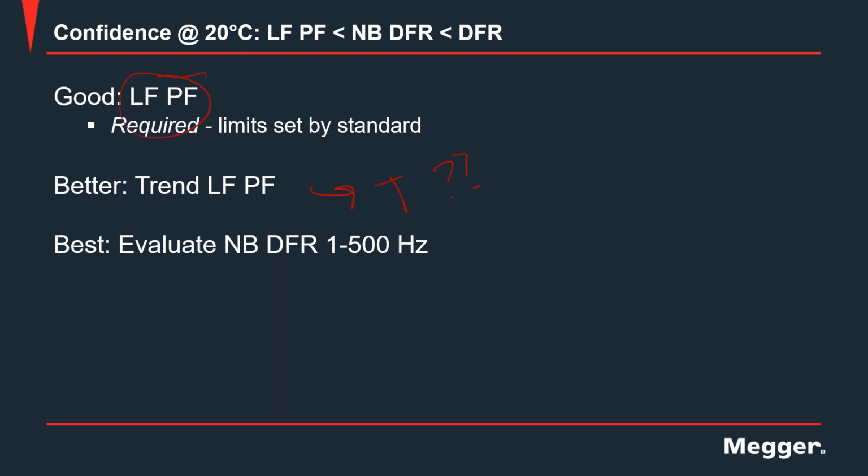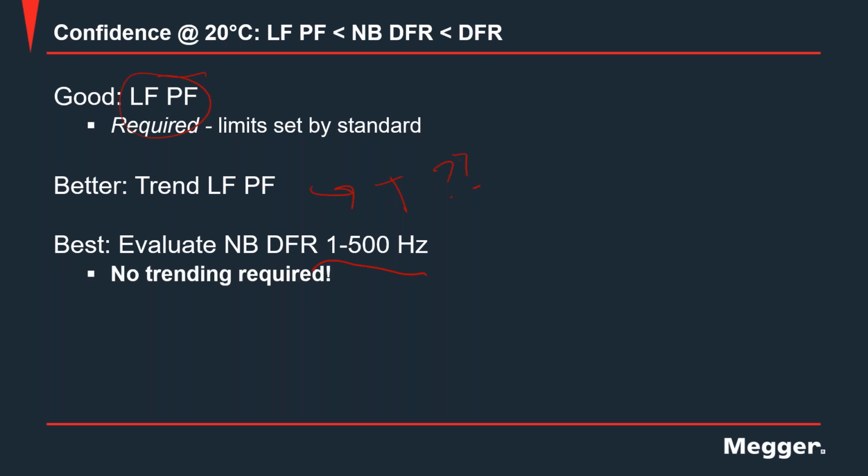What is better in this case, better than just trending line frequency power factor, is to do what we call the narrow band dielectric frequency response, which is a measurement of power factor values at frequencies between 1 Hz and 500 Hz. And this is very important for you to look at, because 1 Hz to 500 Hz is not just a number.